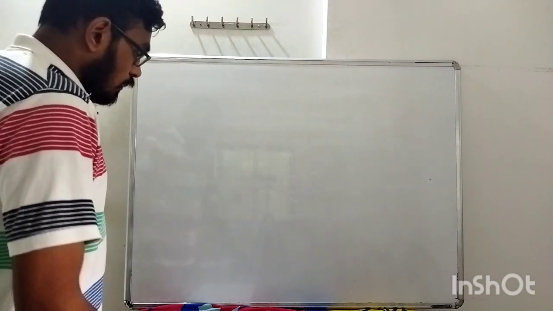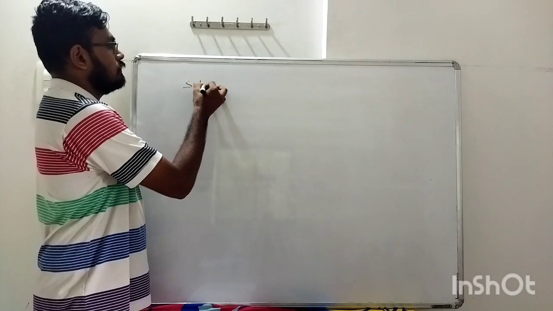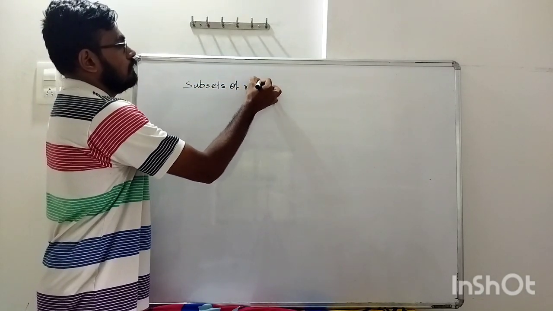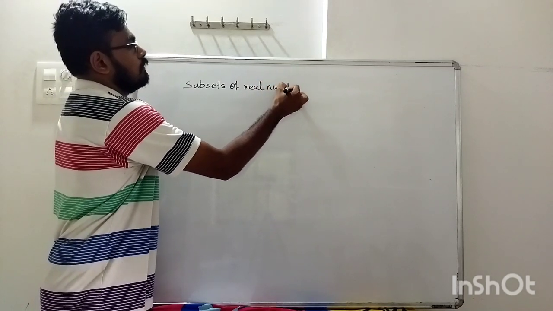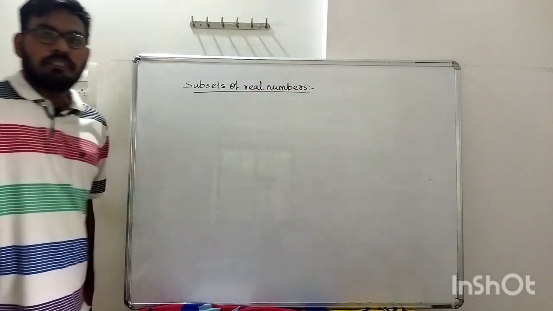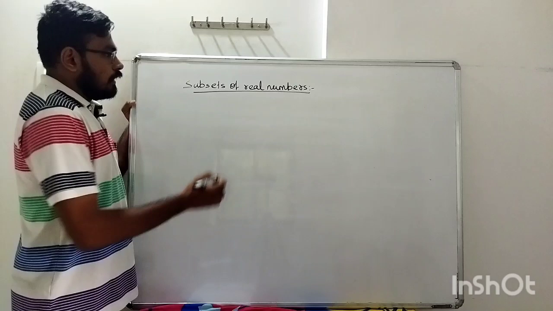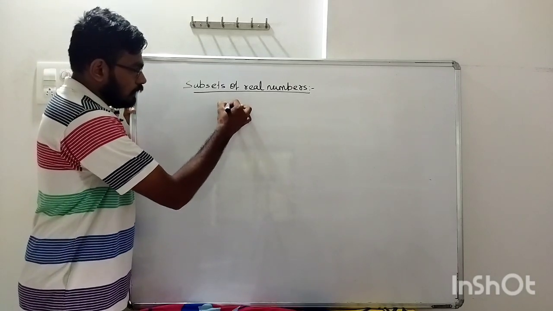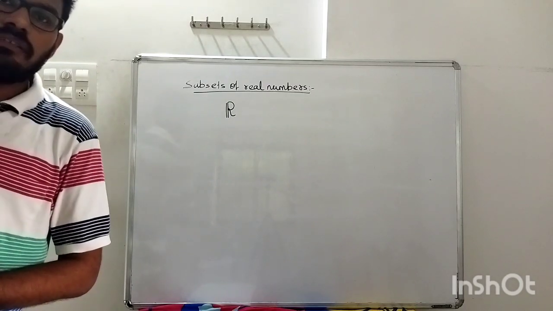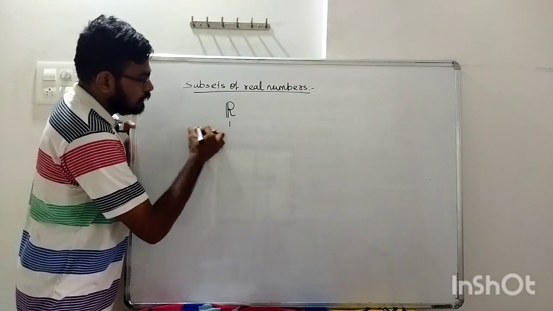Okay. Next, subsets of real numbers. What are subsets of real numbers? See, the set of real numbers is written like this. Then we know it goes like this.